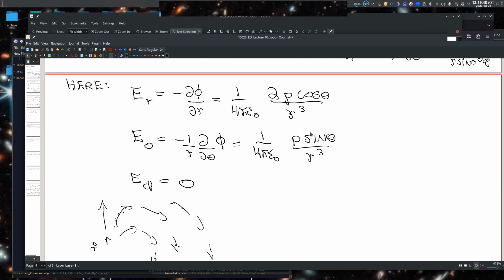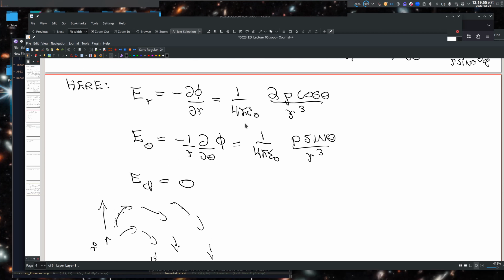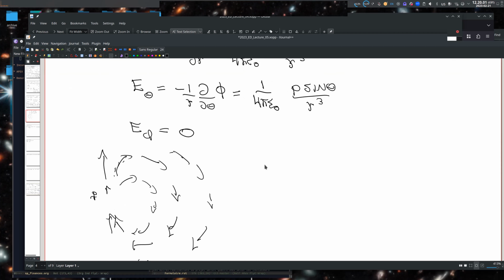It starts strong in the positive direction when theta is like 0, but when theta becomes like pi over 2, the radial part just goes to 0, but the theta part becomes very, very strong. So if you have positive negative charge like this, the electrical field on the plane here is actually pointing down, pointing up as you're here, but then it weakens and changes until it starts pointing down here.